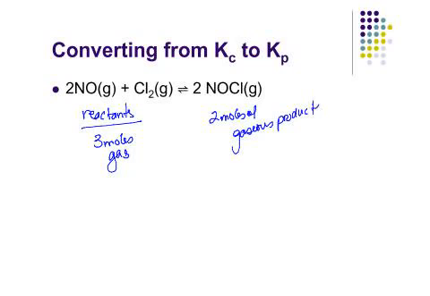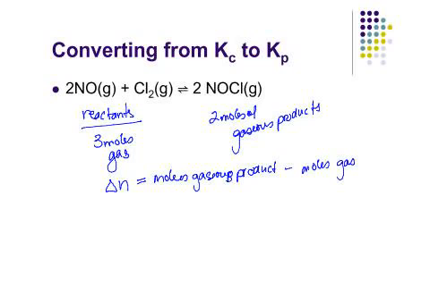And we were just looking at this. So we can calculate delta N. We said that delta N is moles of gaseous product minus moles of gaseous reactant. Well, we just figured out how many moles we have. So we have 2 minus 3, so delta N is equal to -1, right?